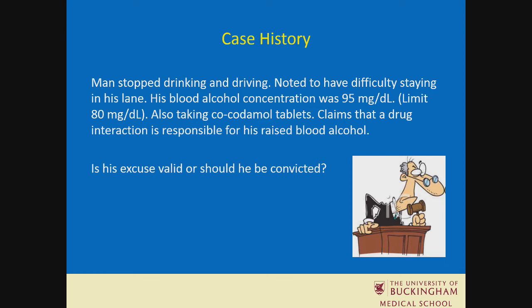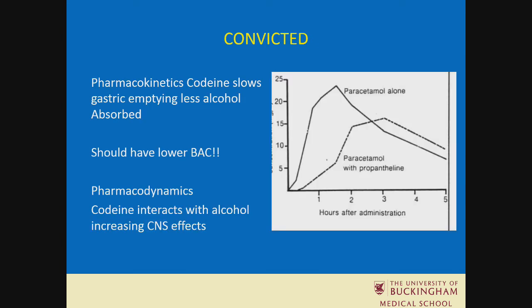Sorry? Was it because codeine had a high drug distribution? No, but it's not a million miles away. Codeine slows gastric emptying. Remember what I showed earlier, it's the same sort of thing.